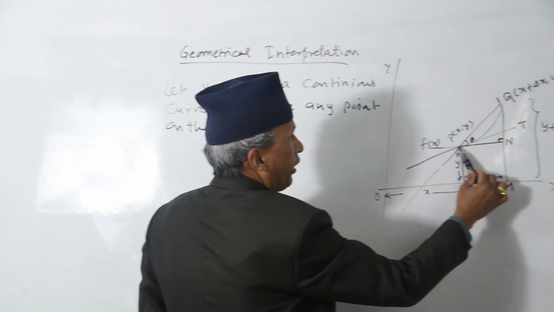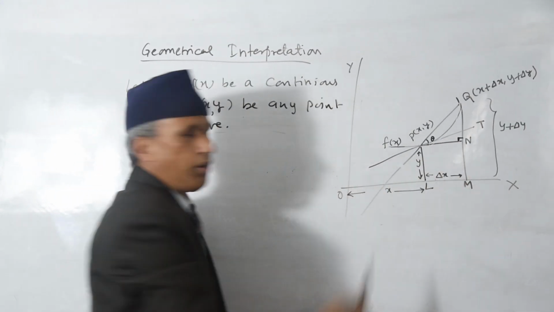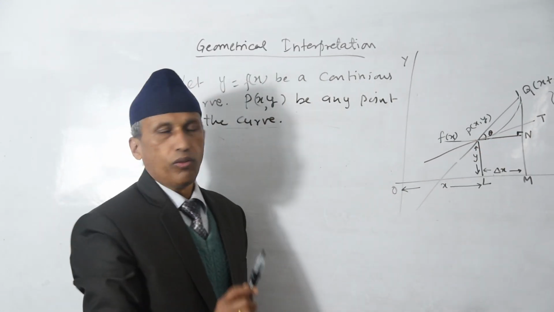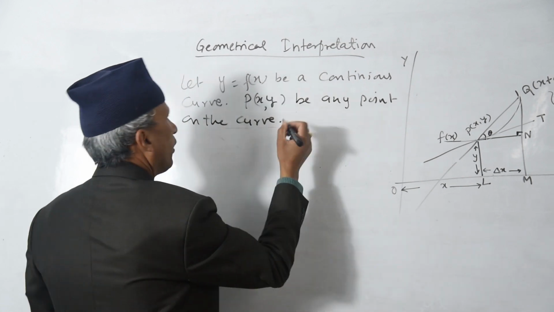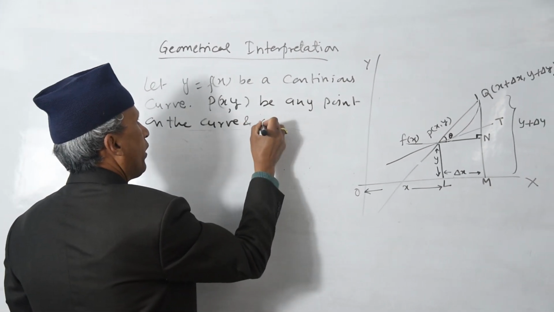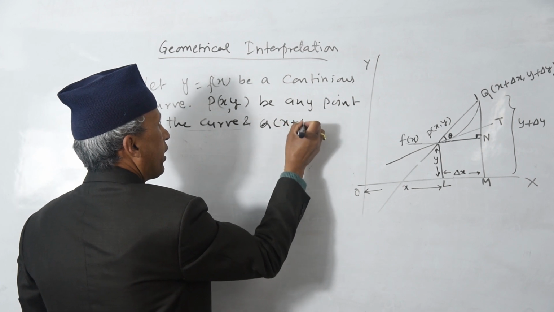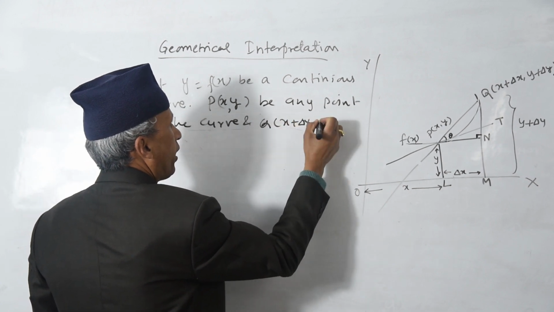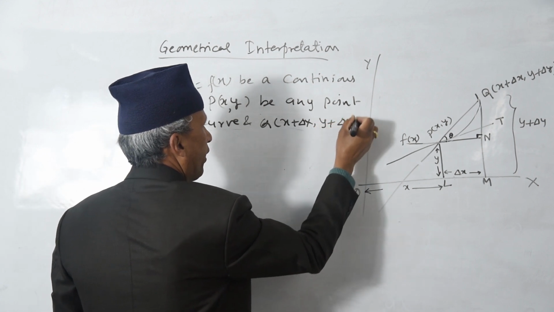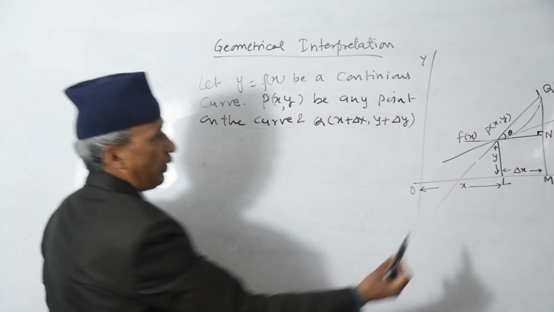And Q, this is a curve, so you first take P(x, y), then take Q very near to P. And Q(x plus delta x, y plus delta y) be any neighboring point on the curve. This is the position.